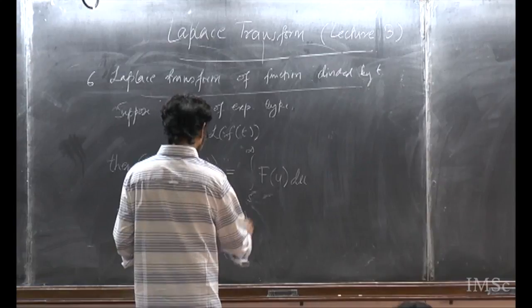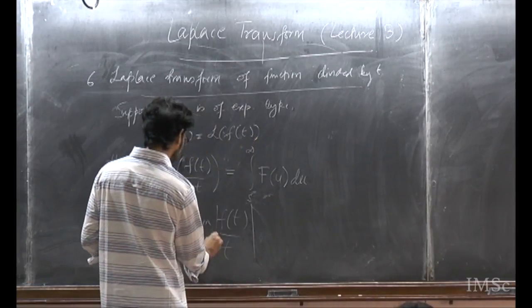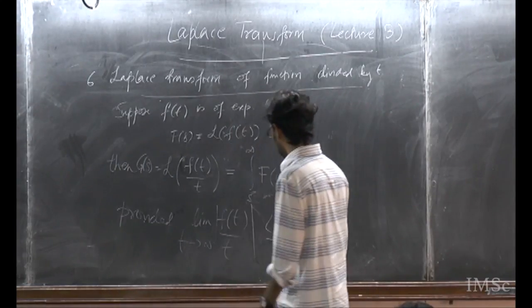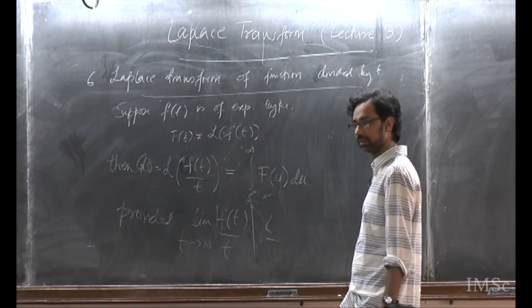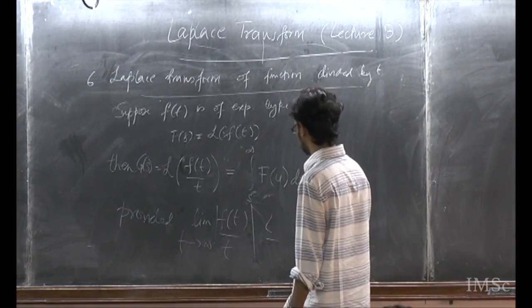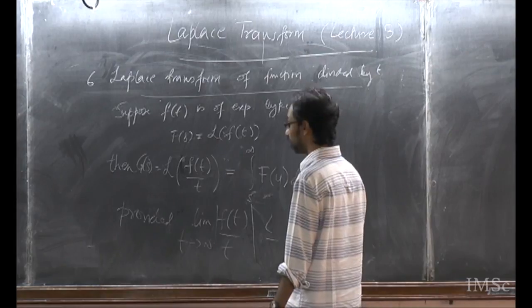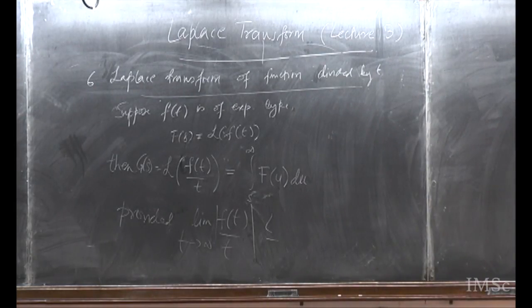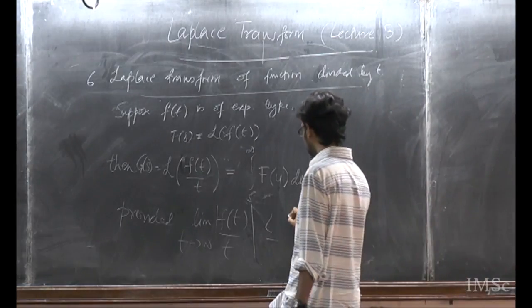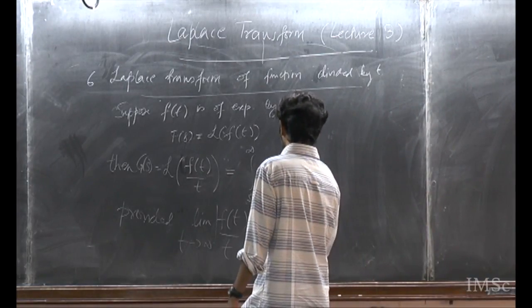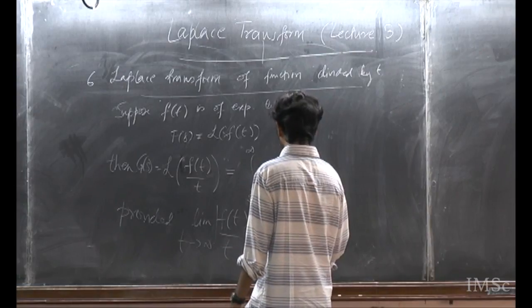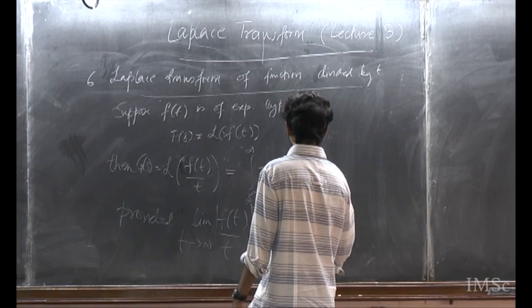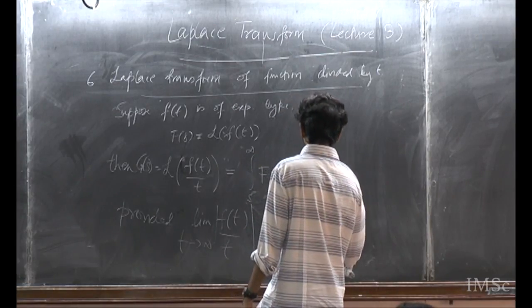So the limit, if you take the infinity, then you can bound it by... is it true or not? Because then you will have the limit as t tends to infinity of M e to the alpha t over t.